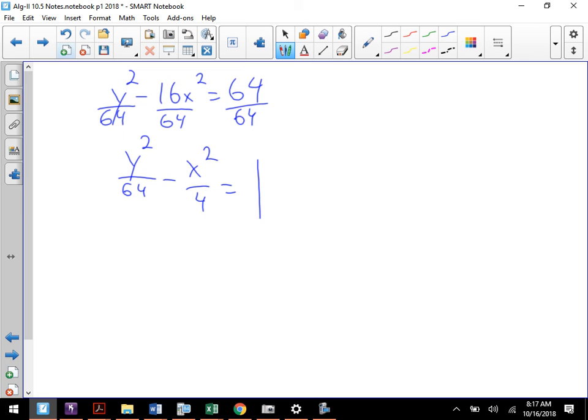Up and down. So what's your a value then? Yeah, remember the a squared value is always what comes first. For hyperbolas, it's always what comes first. Hyperbolas are the weird ones. It's what comes first when you work through those.